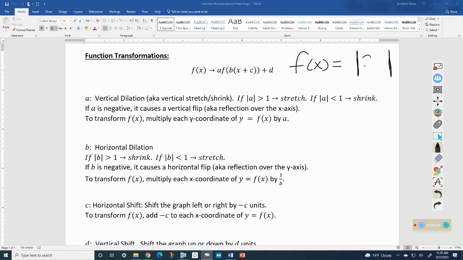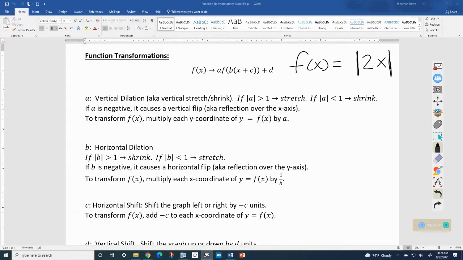So let's say like this. So now that 2 is not A, it's B. If the 2 was in front of the whole thing, it would be A. But if the 2 is inside of that parent function, it's B. And so that doesn't cause a vertical dilation, it causes a horizontal dilation. In other words, a horizontal stretch or shrink.